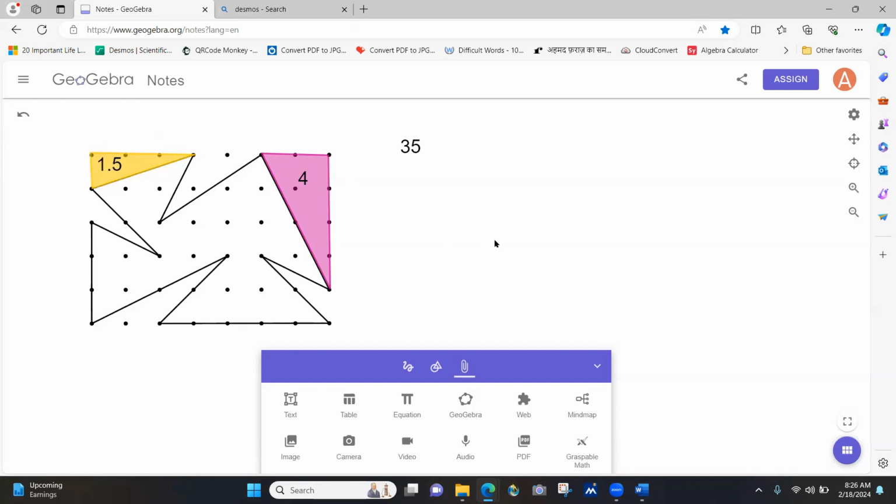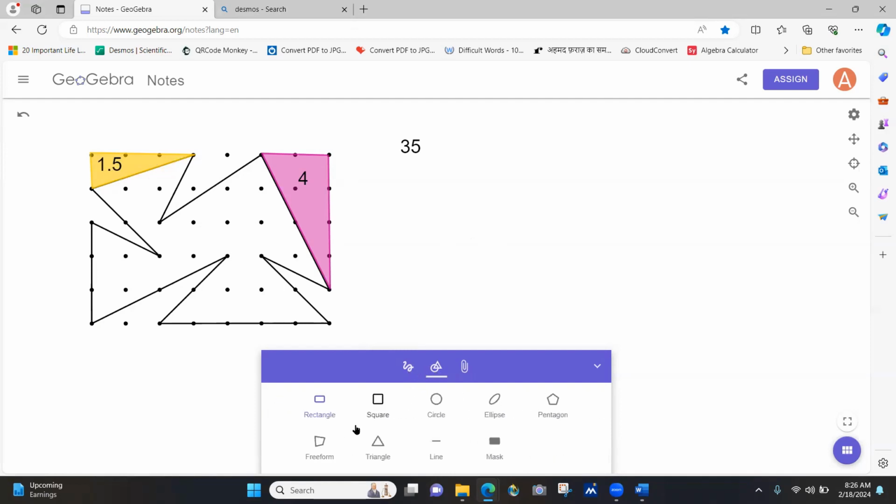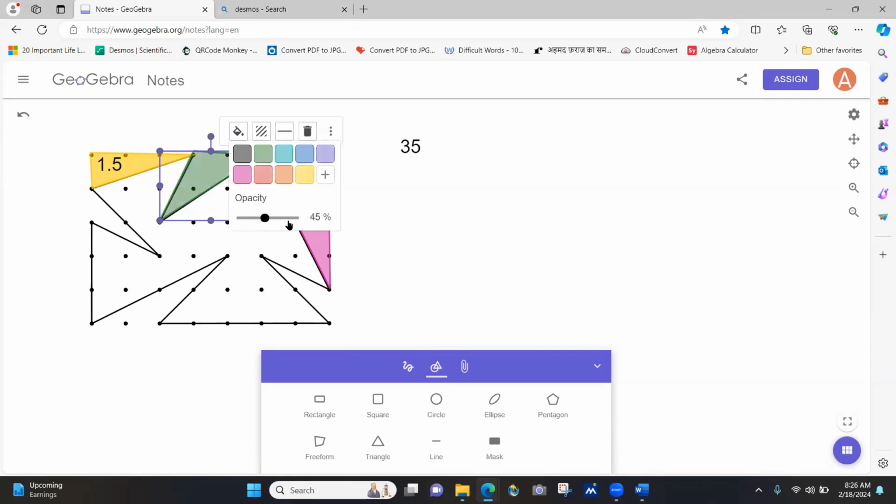Okay, now I have 4 obtuse triangles. I am going to find the areas of these obtuse triangles on a different page. Then I'm going to come back here and post the answer. I'm going to make this color green. This green obtuse triangle is what I'm looking for.